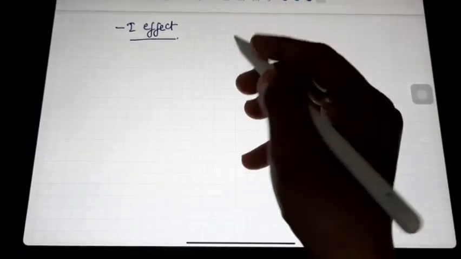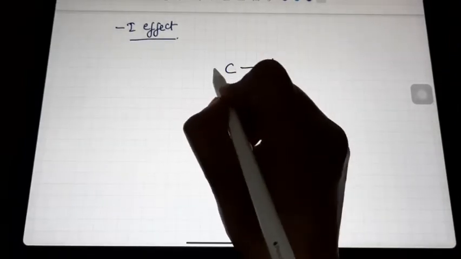Next one, minus I effect. Atoms or groups of atoms that attract or withdraw the electrons from the chain are said to have electron withdrawing effect or minus I effect. Minus I effect means electron withdrawing or electron attracting. Example, just before I explained, C-Cl. So when it is there, because of its electronegativity difference, polarity is developed.